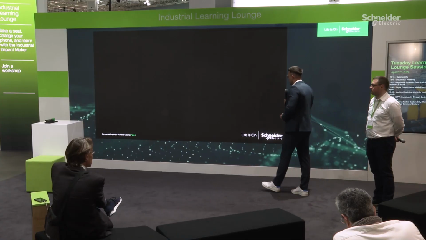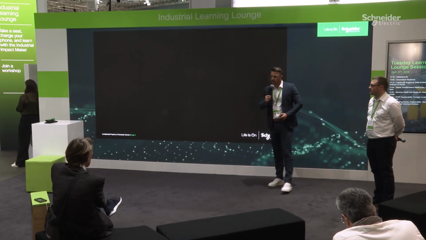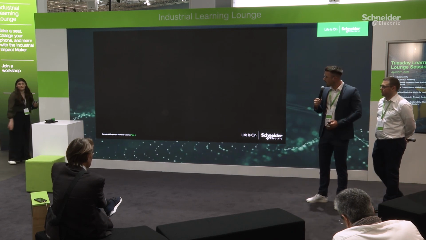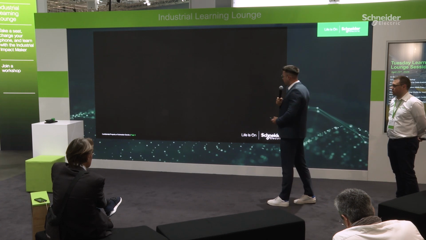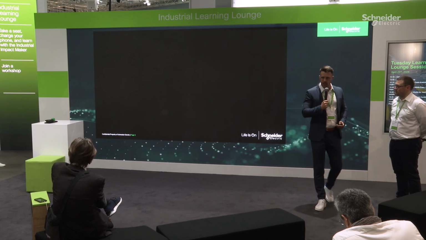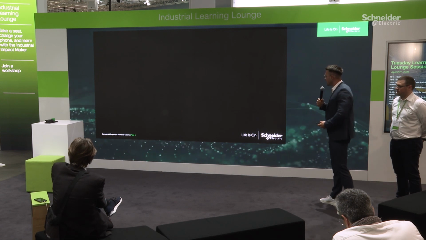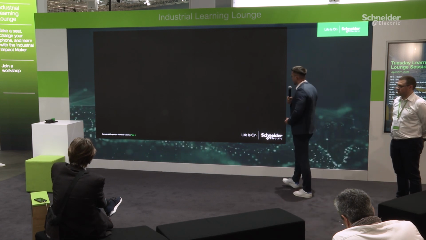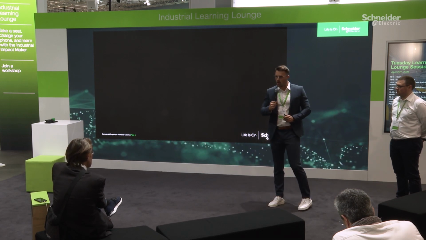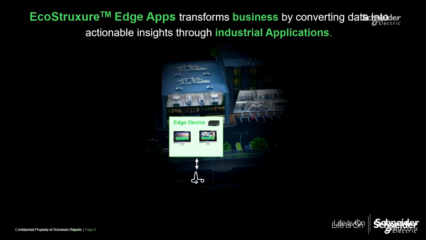The situation looks like this for most companies right now, since they are not using the data, as we just learned. So we thought about how we can bring a bit of light into this unused potential. Therefore, we came up with a solution called EcoStruxure Edge Apps. We can start pretty small with just one edge device which covers some applications.